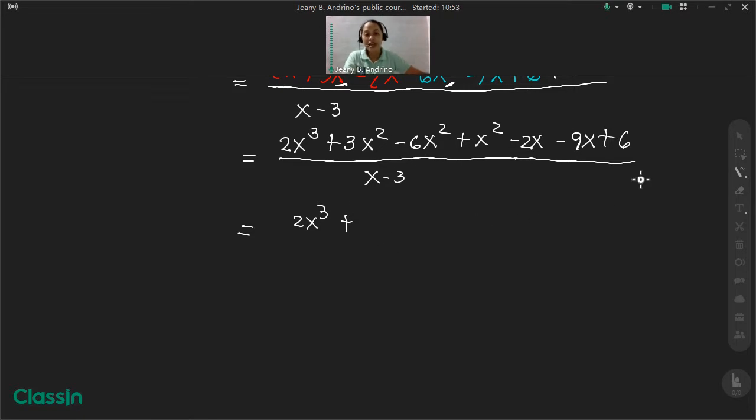So it's going to be negative 3x squared plus x squared. I'm going to copy that one so that you will be guided on where we are now. So we have negative 3x squared, and then we still have plus x squared here. And then we can just go and combine this right away. So negative 2x minus 9x, they are of the same sign, so we can just simply say negative 11x and then plus 6.